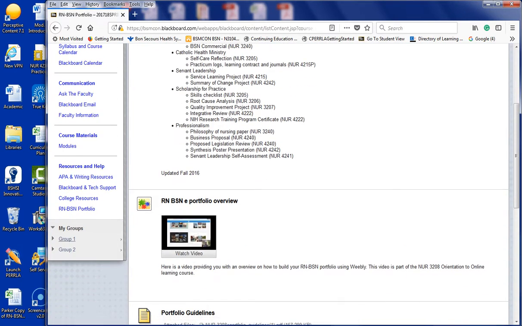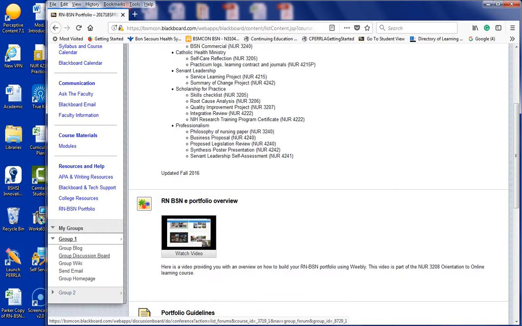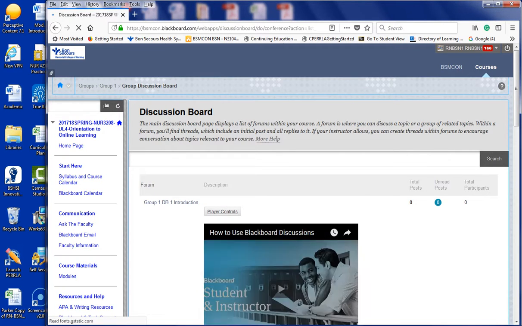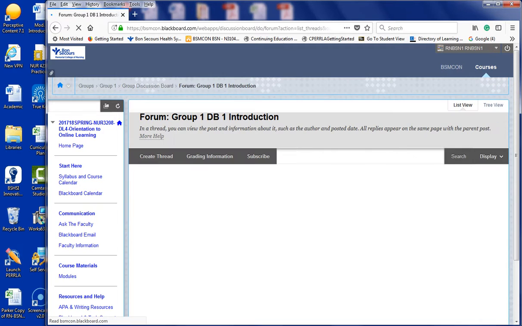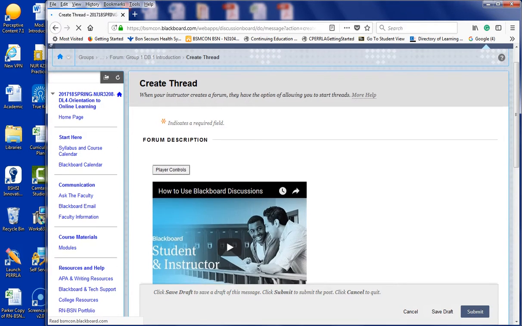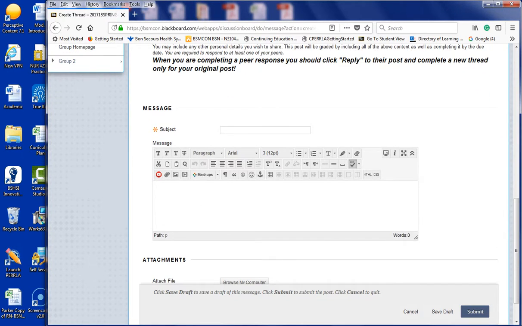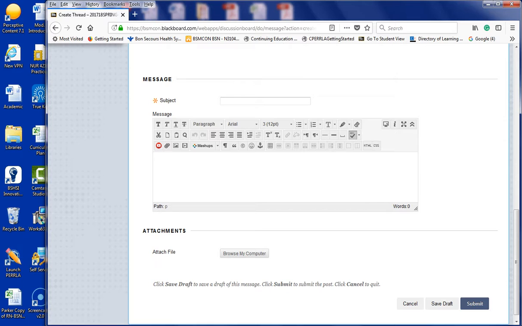If you see down here my groups, 1 or 2, these are your Blackboard groups, your discussion board groups. So you can go into one and use Group 1, Discussion Board 1, Introduction, and up here is Creative Thread. And this is a video for you to watch, and then you always come in here where it says message, and you can write your submission in there.